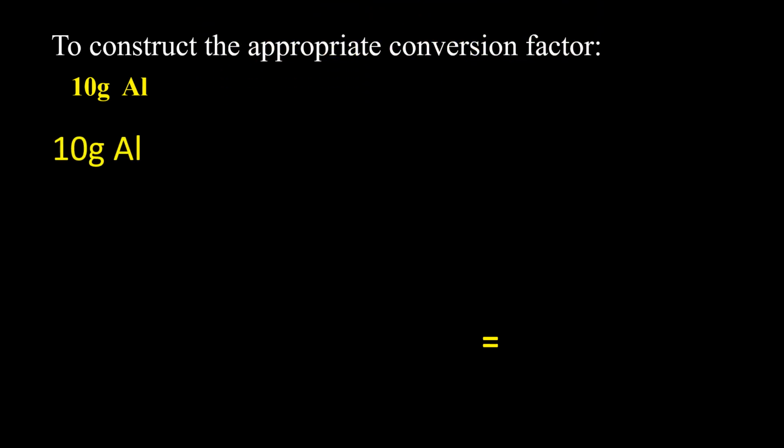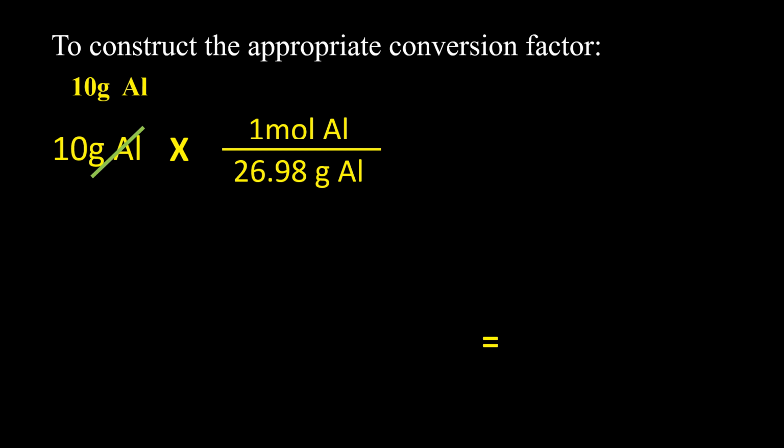So the first thing to do is to write down the 10 grams of aluminum as the given value, multiply it by 1 mole of aluminum divided by 26.98 grams. And it is equal, cancel first the unit of grams, and then equal to 0.371 mole of aluminum.